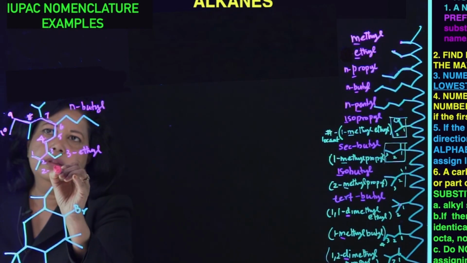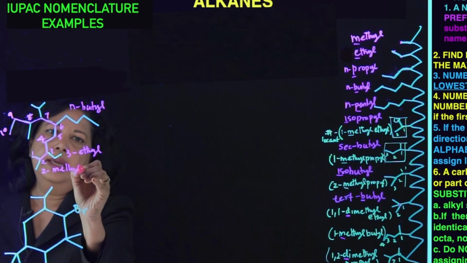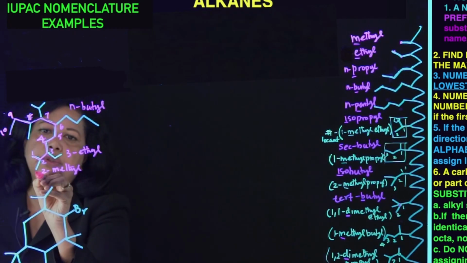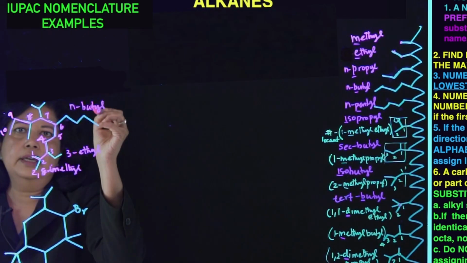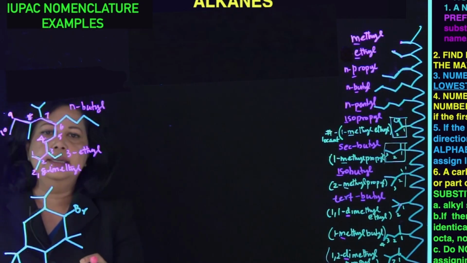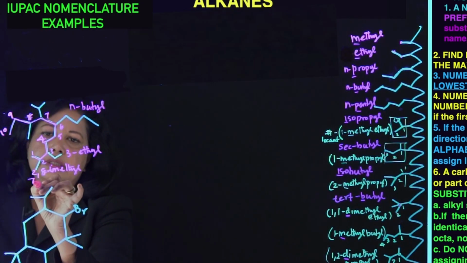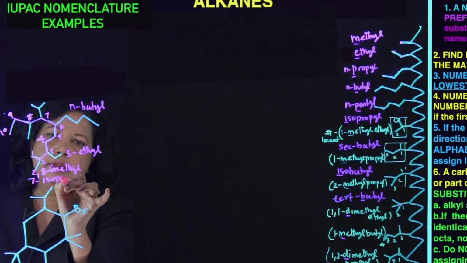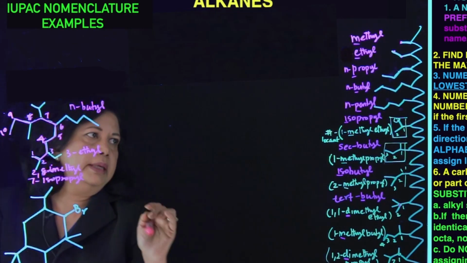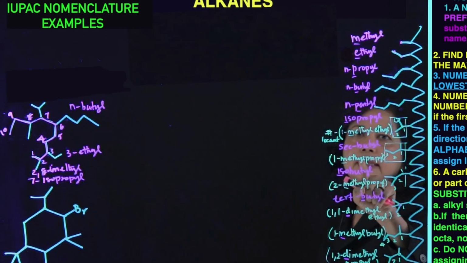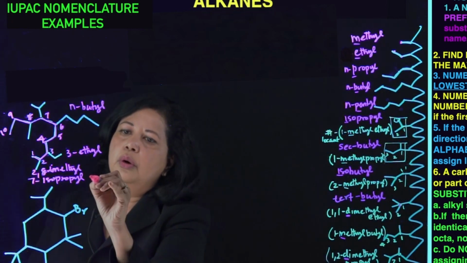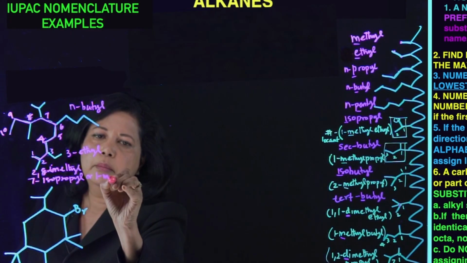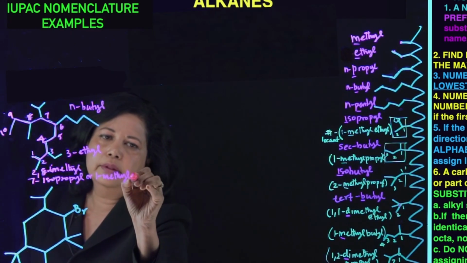2 is a methyl. And 8 is a methyl. So that's 2,8-dimethyl. And 7 is an isopropyl. 7 isopropyl, or 7 can be named as 1-methyl ethyl.